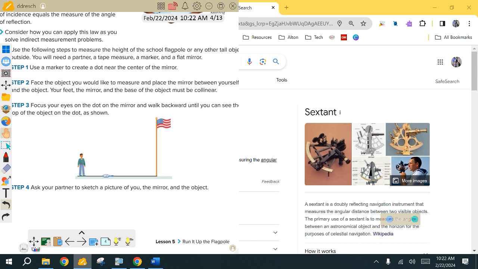The angle where my eyes see the top of the flagpole, the way that visual bounces off the mirror back to my eyes, is the same angle here and here. Okay, so we have congruent angles happening.